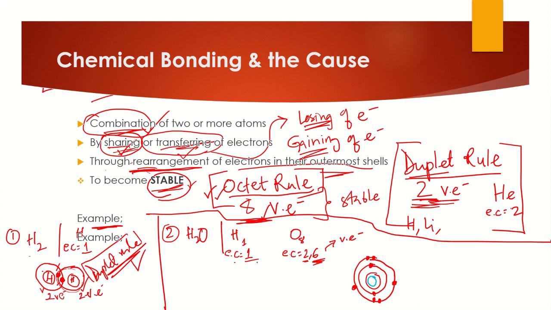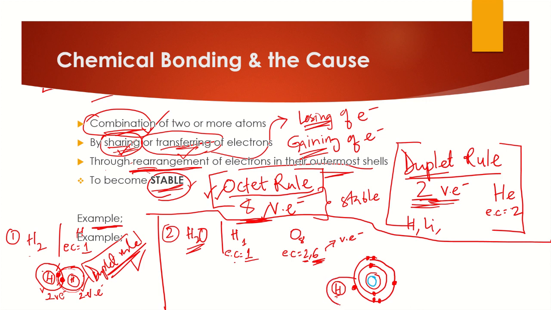From where will it gain 2 electrons? From the hydrogen atoms. We will get 1 electron from each of the 2 hydrogen atoms. Let me draw the hydrogen here, enclosing its nucleus. To gain the duplet state, hydrogen needs to share its 1 valence electron with the oxygen, and in return oxygen will also share 1 electron with hydrogen.